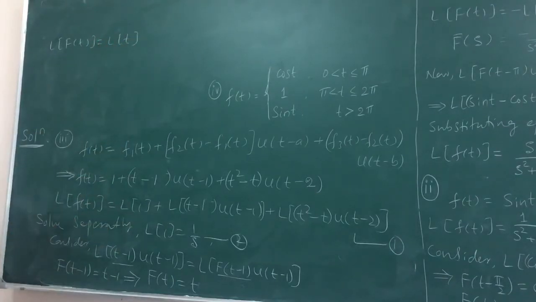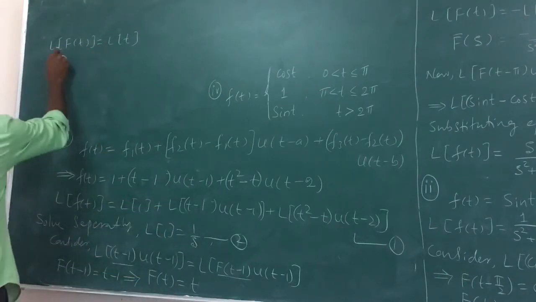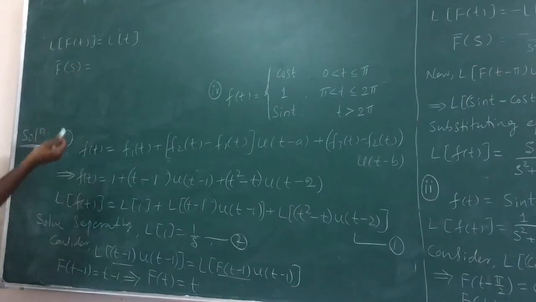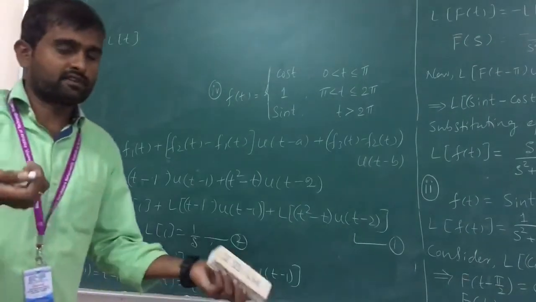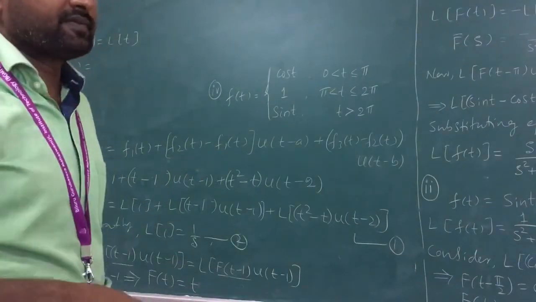We have only this term. If you take the Laplace transform of this, capital F of t is written as F bar of s. Simply, small f of t we write as capital F of s, so there is a slight notation change, because capital F is there.